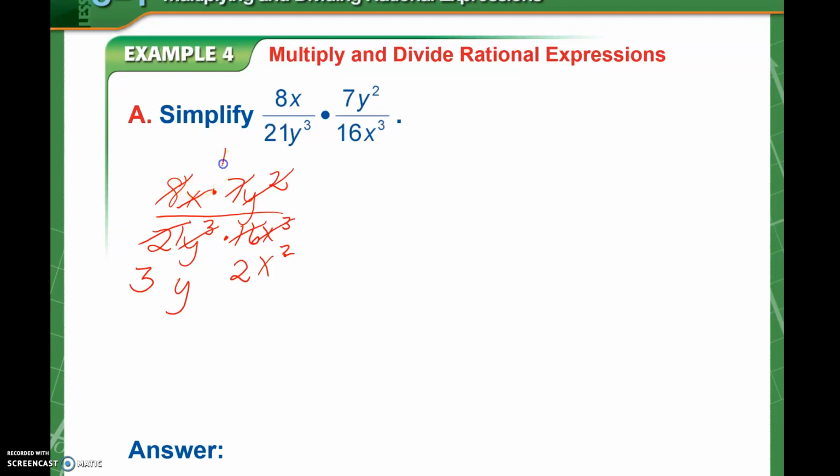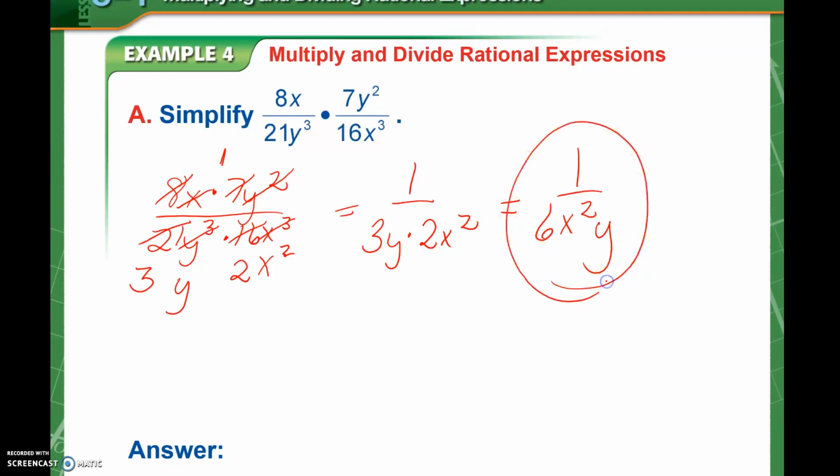So on the top we just have 1, and on the bottom we have 3y times 2x squared, and we can go ahead and multiply that. So 6x squared y, or 1 over 6x squared y. And it's undefined at x and y cannot equal 0. Okay.